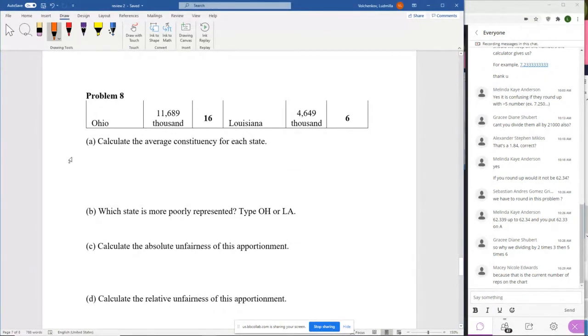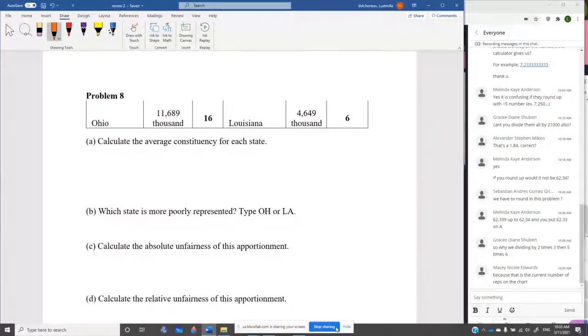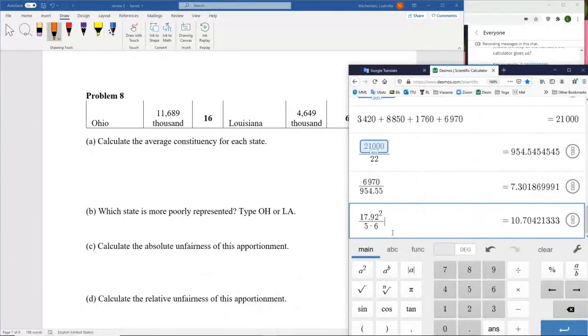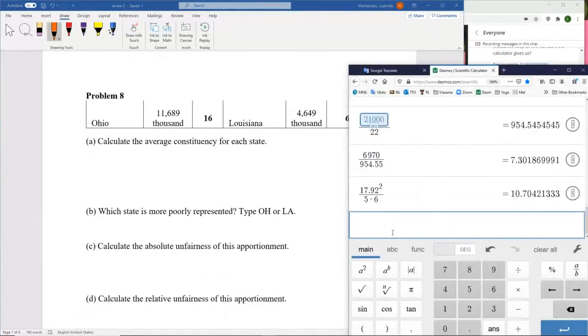So we have two states with their population given in thousands and their representation in the House of Representatives, and we want to calculate the average constituency for each state. It will be given in the problem how to round. So I need a calculator. Okay, so Ohio.